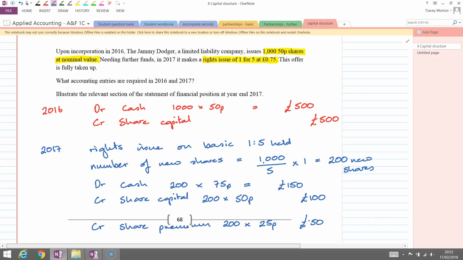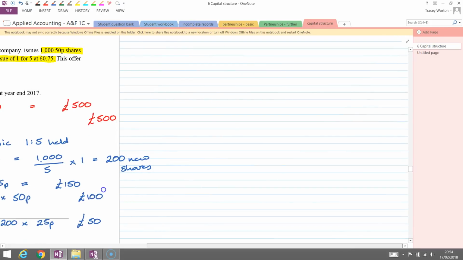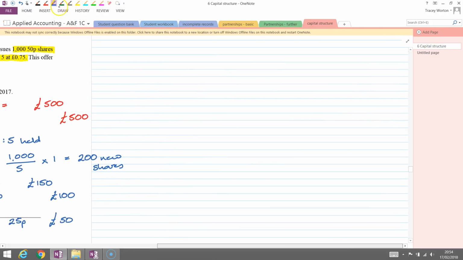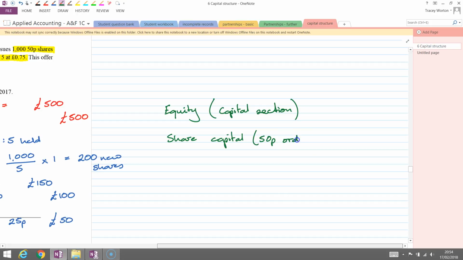So what will that look like then in terms of the statement of financial position? So in an equity section, similar to the capital section on a sole trader set of accounts, we're going to have share capital, and we've got 50p ordinary shares.